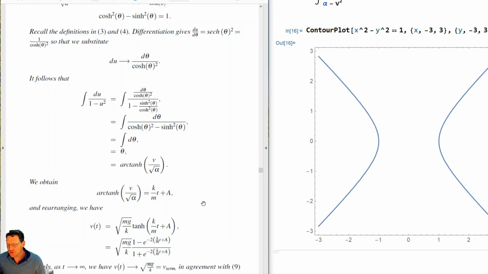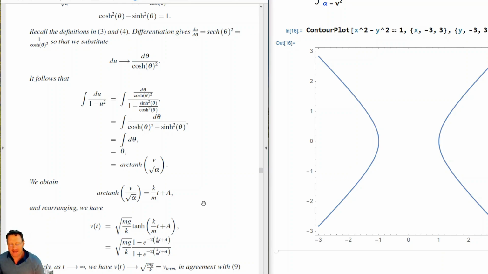Okay, now there's a rearrangement of that because of the identity of cosh and sinh, which allows us to simplify this in simpler terms, just as powers of e. So this becomes the square root of mg over k times 1 minus e to the minus 2 k over m t plus a, over 1 plus e to the minus 2 k over m t plus a.